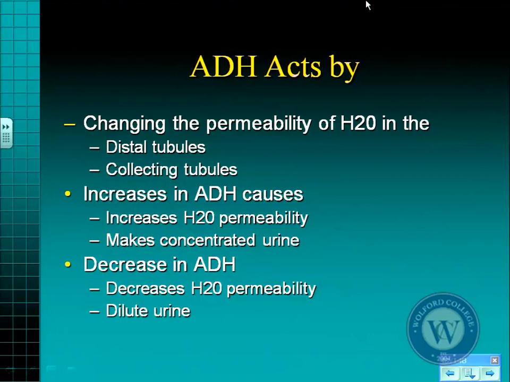If I give you more ADH, I'm going to make a much more concentrated urine and a much more permeable tubule. It's going to be permeable to water. On the other hand, if you have decreased ADH, then I'm going to make a much more impermeable tubule, or decreased water permeability of the tubule, and I'm going to make the urine more dilute.